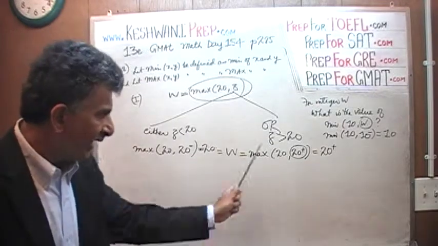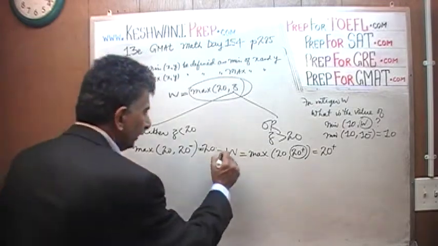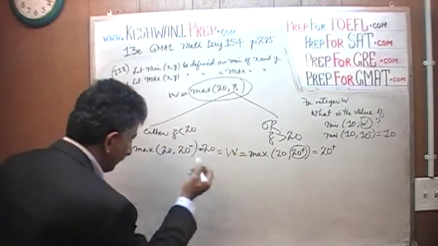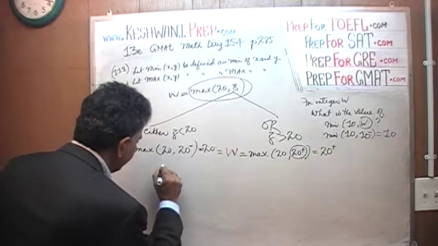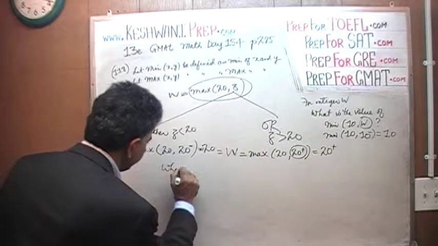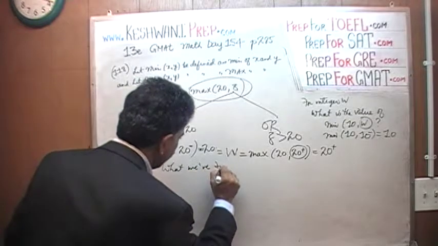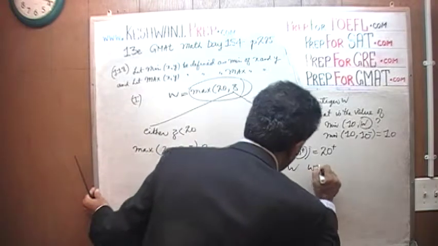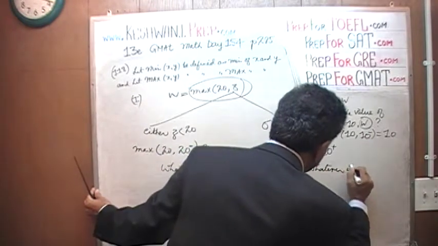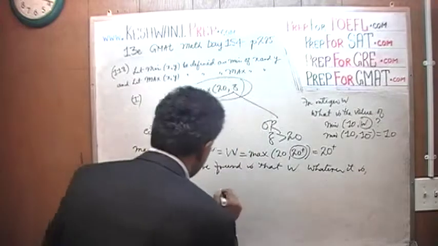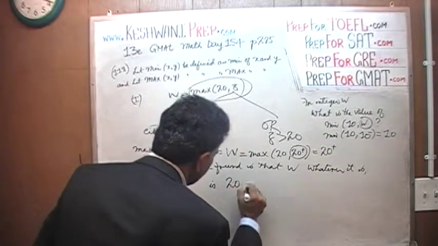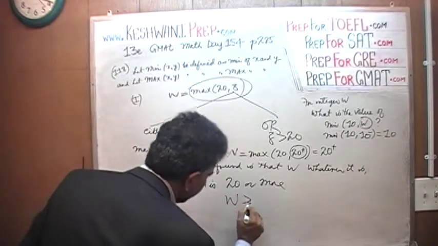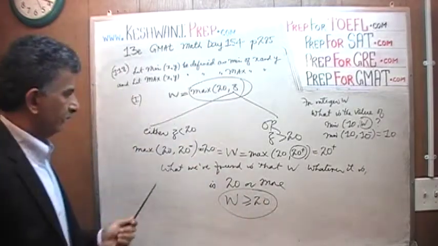But in either scenario, it is equal to w. What we have found here is that w, whatever it is, is 20 or more. Voila. In other words, w equals 20 or something more than 20. That's what this part tells us.